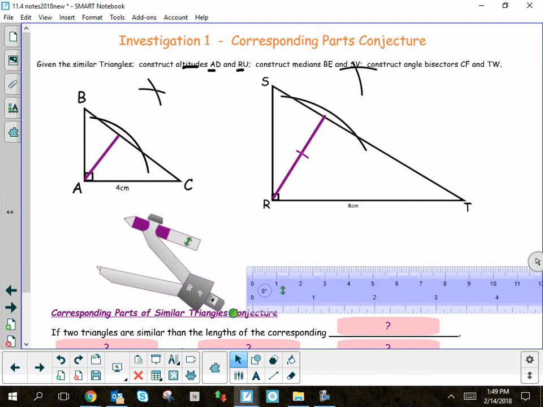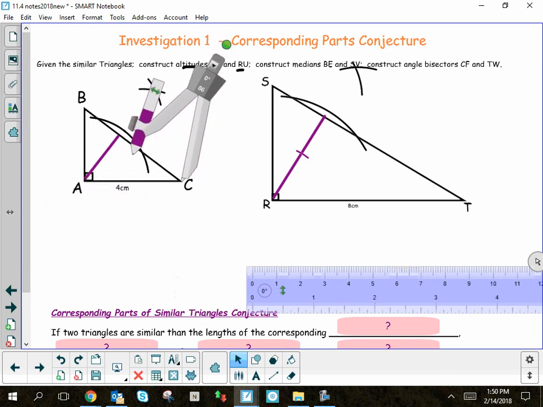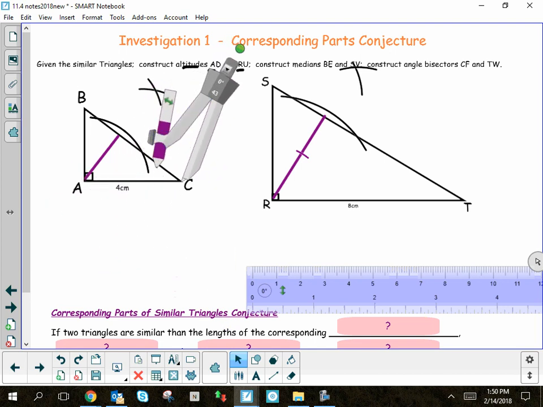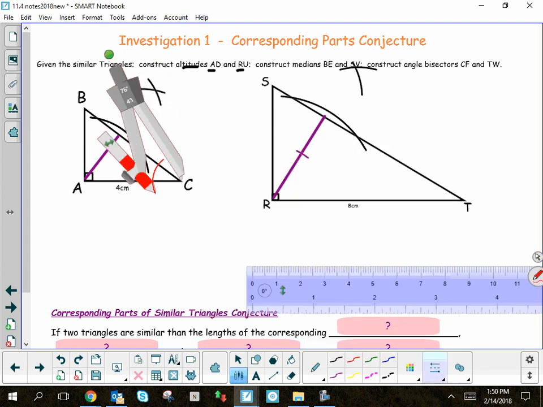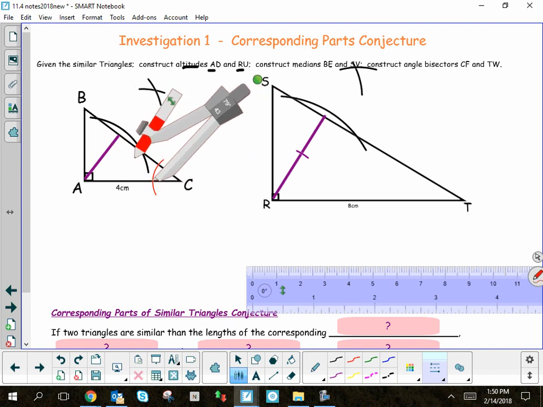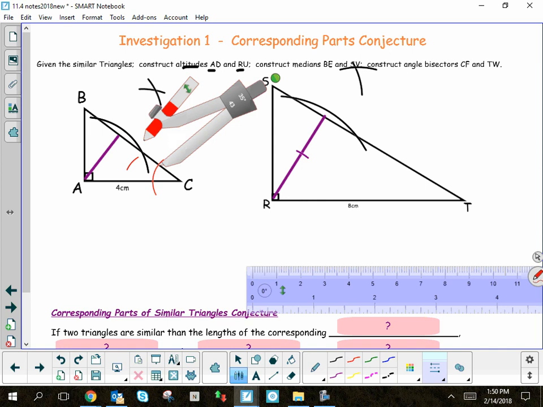So the angle bisector, it needs to come from C and from T. So let's do one last construction. Let's do the angle bisector. Maybe a different color. So we're going to bisect this angle. Maybe mark over here.